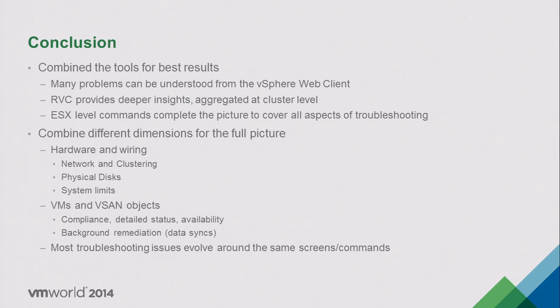So let me conclude. We walked through 5 different troubleshooting workflows, 5 different aspects in the lifetime of vSAN. And the first point here is something I actually tried to validate myself, preparing for this presentation. I want to make sure that the vSphere web client is actually enough for the vast majority of situations that you have.